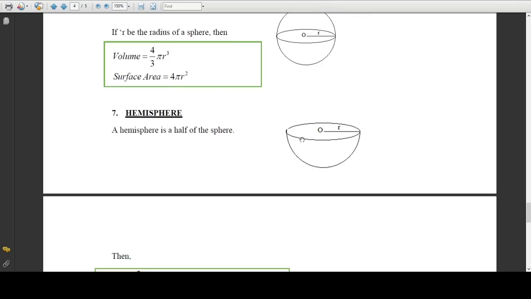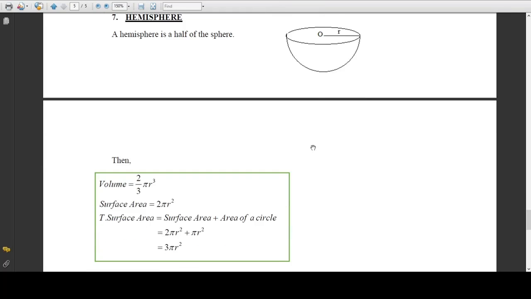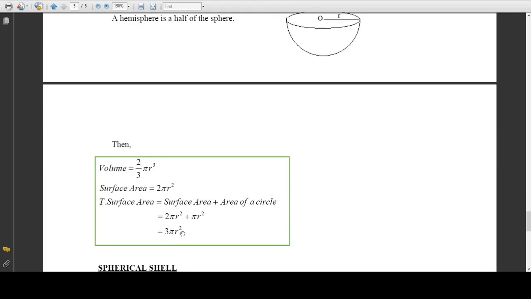And when we come to the hemisphere, the total surface area will be 2 pi r square, which is the curved surface area, plus the area of the circle, which is pi r square. 2 pi r square plus pi r square will be equal to 3 pi r square. Once you remember the surface area of the sphere, then you can easily remember it for the hemisphere also.